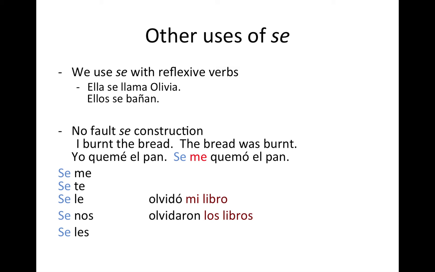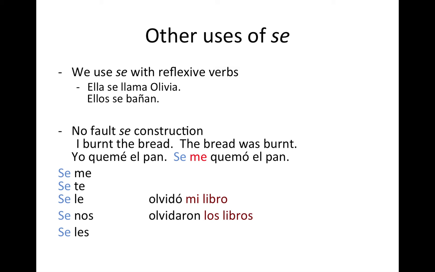So these verbs that you are going to be using with the no-fault SE construction work just like the verb gustar. Me gusta el pan, me gustan los panes. Bread, a piece of bread, two or more pieces of bread.